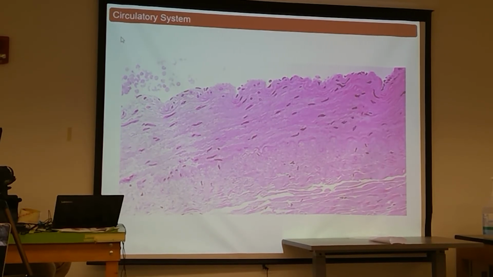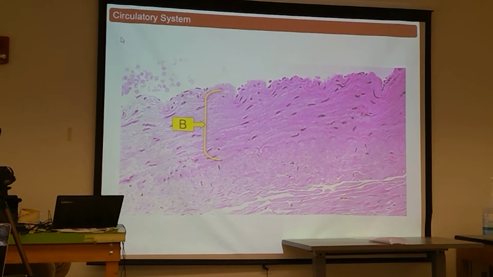And this label here is a little bit better. It's going from this internal elastic membrane that you can faintly see. We'll see it better in a couple slides. All of this is going to be your tunica media, then your external elastic membrane, and then this outer layer labeled here in C is going to be your tunica adventitia or externa.